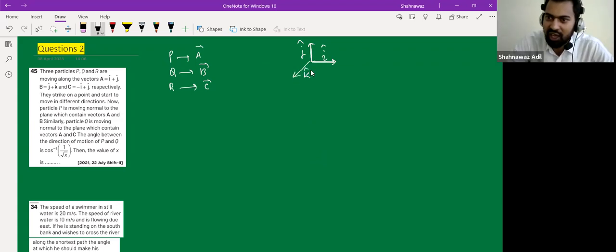So this k cap is mutually perpendicular to i and j, right? Remember? And how do you get k cap? You cross multiply i and j. Then you get k, right? So that is how you get a normal vector both perpendicular to i and j.